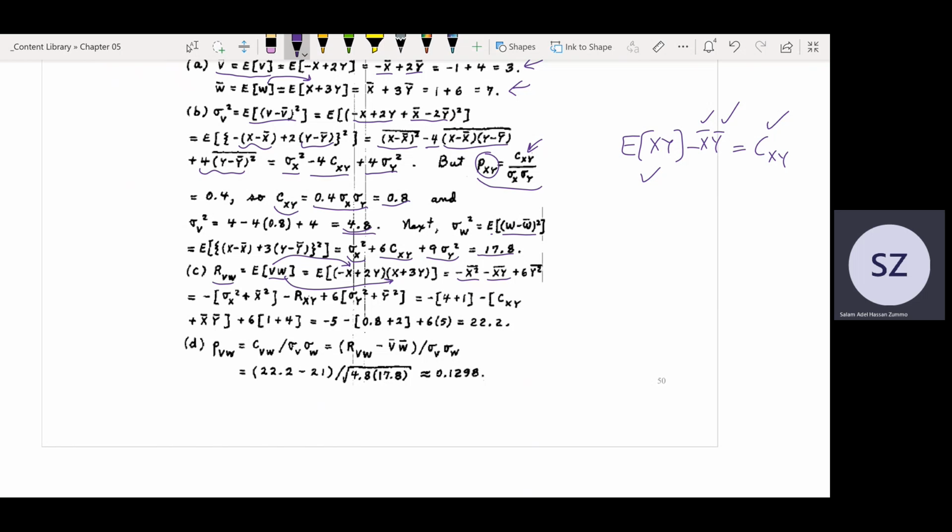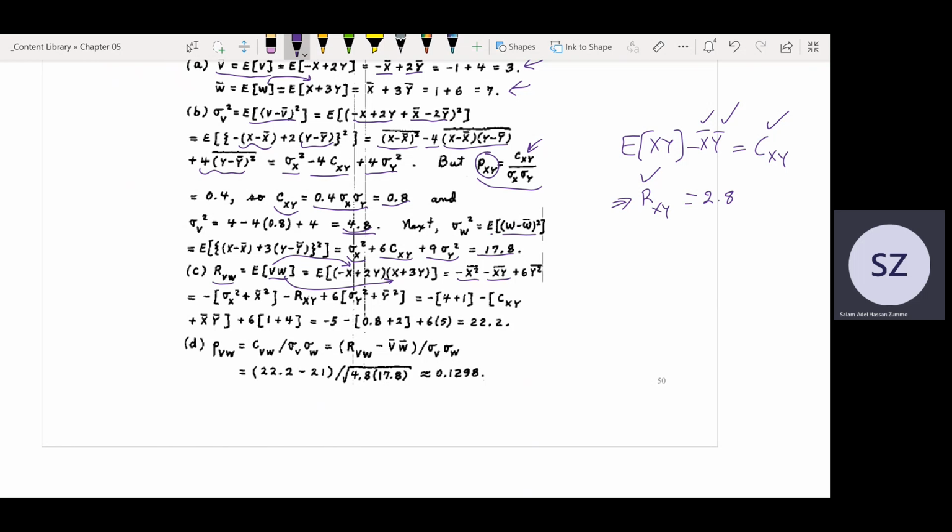What is this equal to? Rxy, what do we call it? What is it equal to now? What did we get for this? 0.8, right? And what is this? 2. So basically 0.8 plus 2, what is it? 2.8.